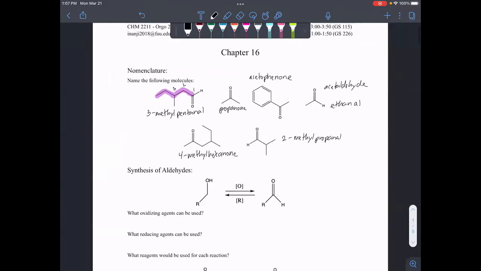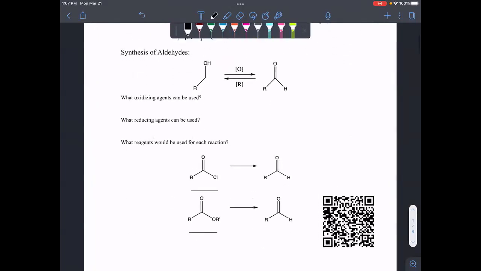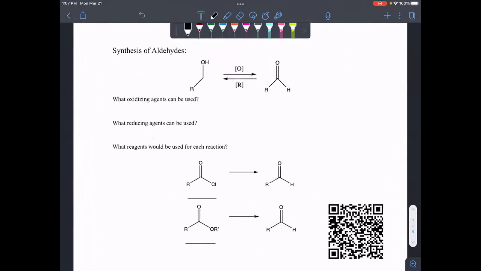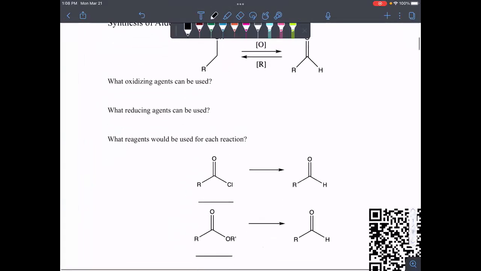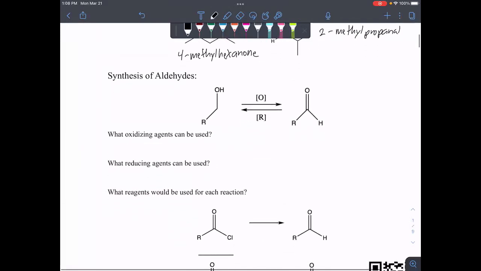So moving on to making aldehydes. From a primary alcohol, you can go to an aldehyde with a couple of methods. So which methods could you use to oxidize it? Wolff-Kishner gets rid of ketones. So it's just PCC and Swern.